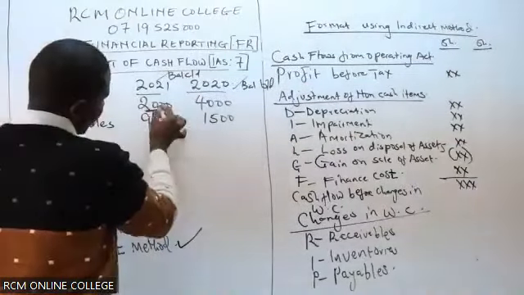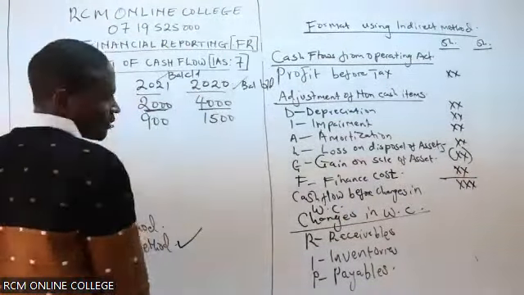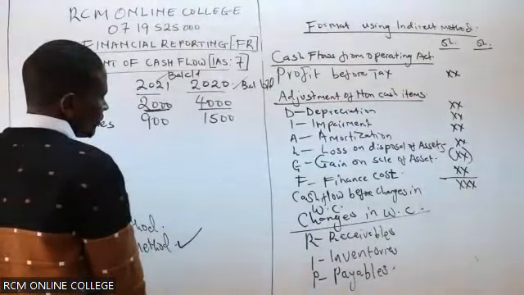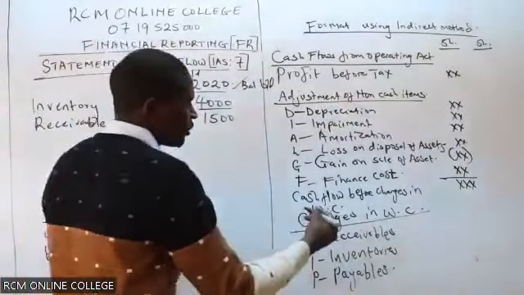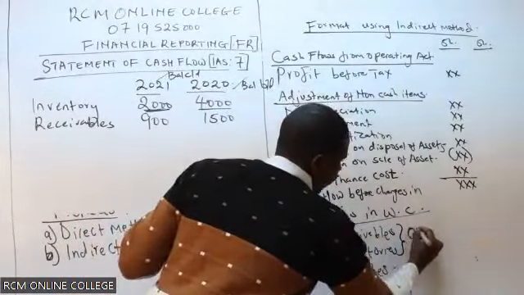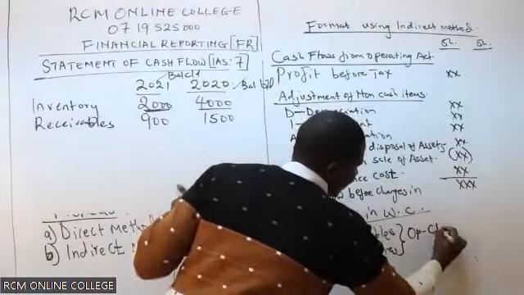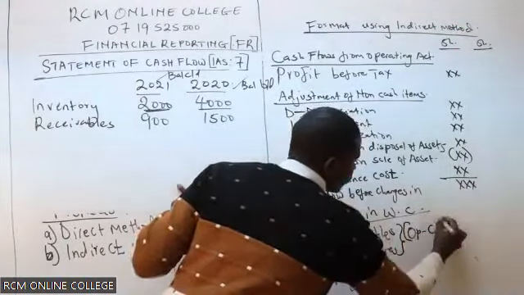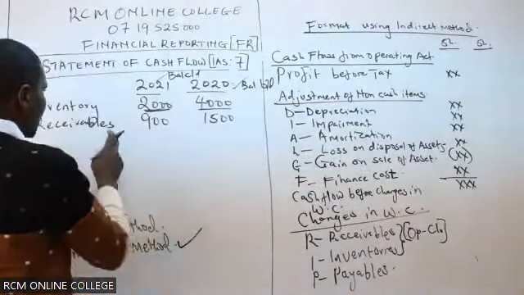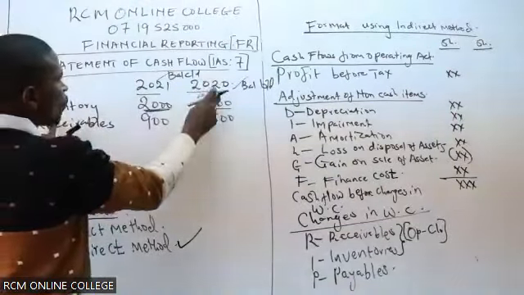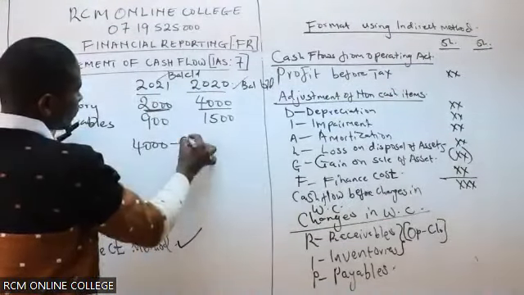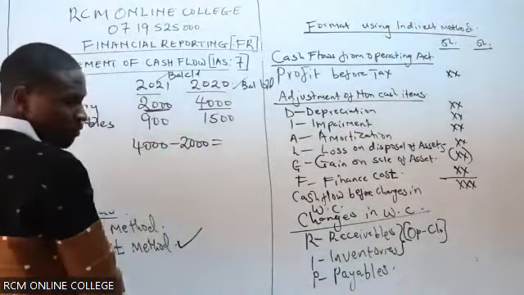If you look at the current year and the previous year, you shall be using a very nice format, taking the opening minus the closing. Whatever you get, whether it's negative, you just place it there the way it is. For example, let's check inventory. The opening was 4,000. Then we take out what? Closing of 2,000. So what did these people do? They sold.